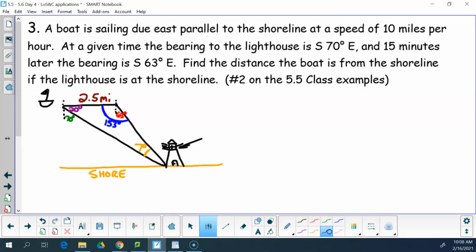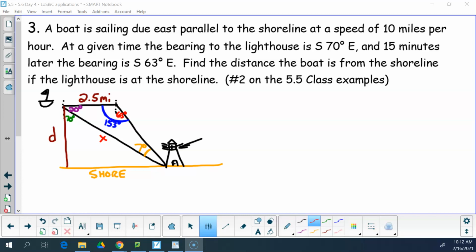We want to find, if this boat is traveling parallel, this distance to the shore, which could easily slide anywhere along here, because that distance is always going to be the same. Find me the distance to the shoreline.